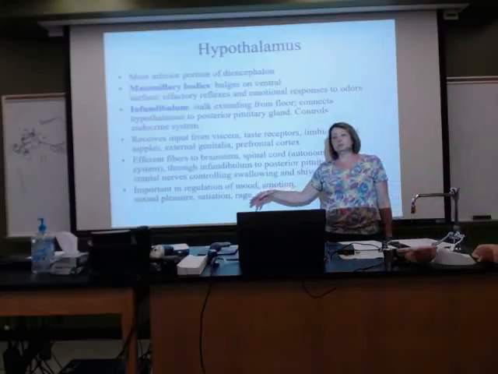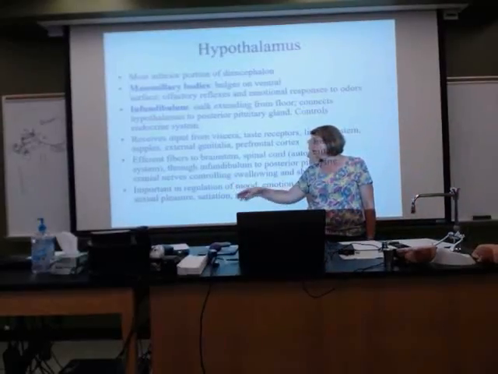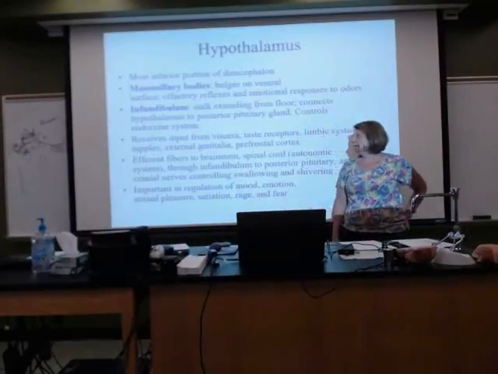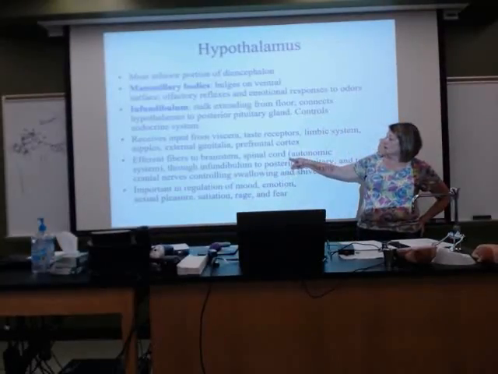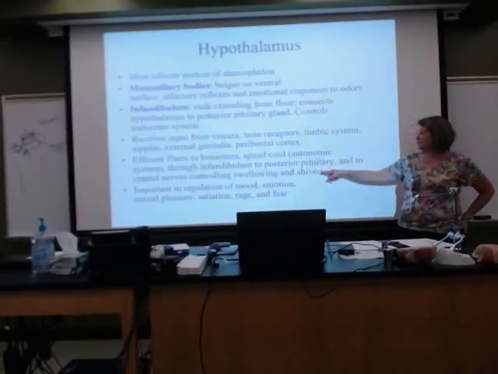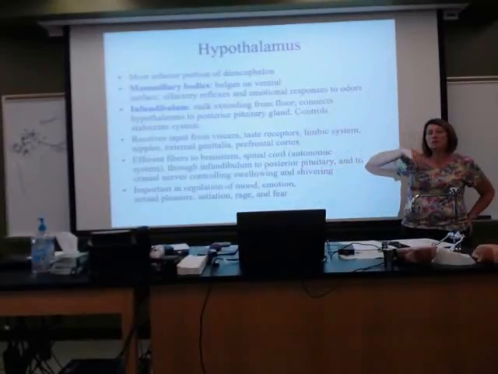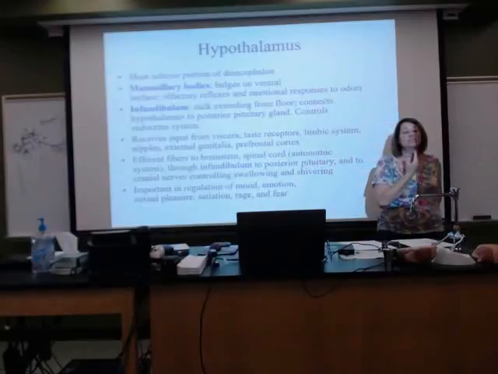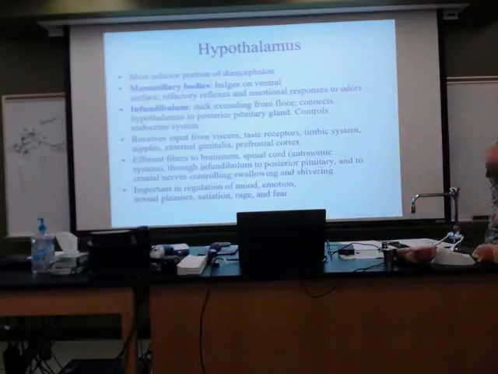The fibers are going to go to the brainstem, the spinal cord, through that infundibulum, and once we have the connection from the hypothalamus, from the infundibulum to that pituitary gland, that pituitary gland is going to have an anterior lobe and a posterior lobe.